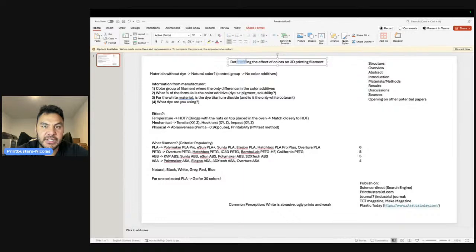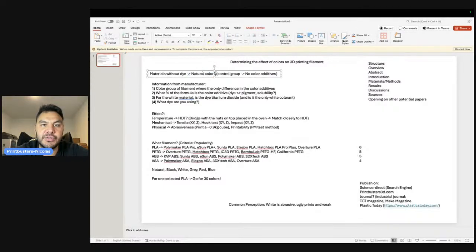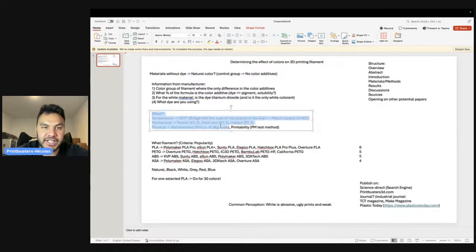Mainly determining the effect of colors on 3D printing filament. Okay, and we have some ideas of taking the natural color as the color group, the no color additive. So basically the reference, and then keeping the formula as close as we can, just changing the color, and then doing a bunch of tests, right?